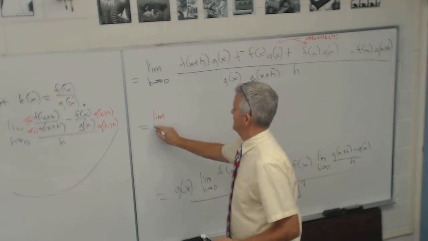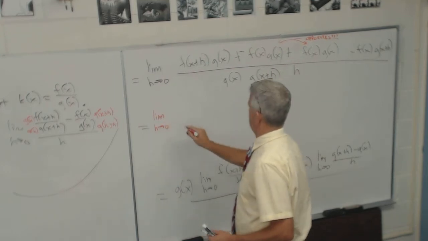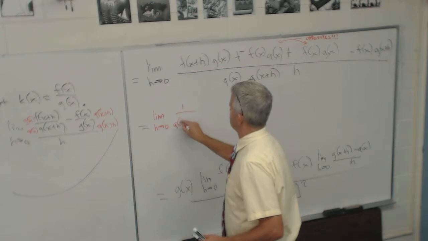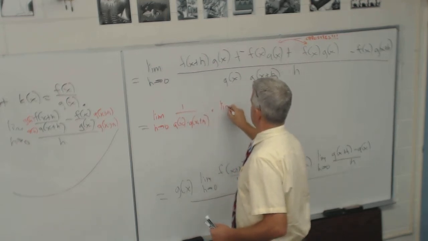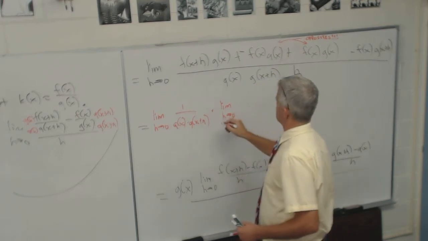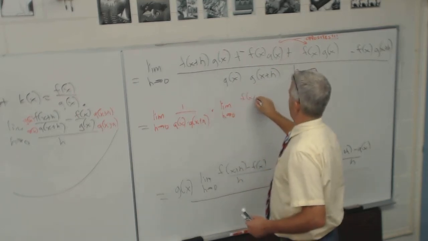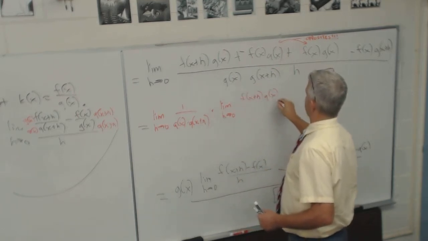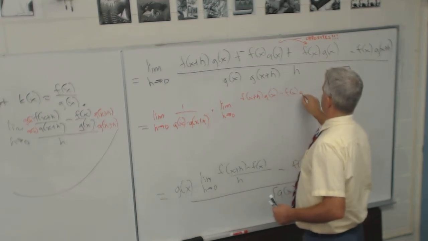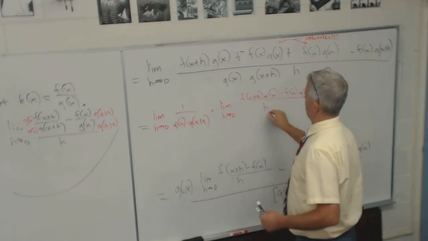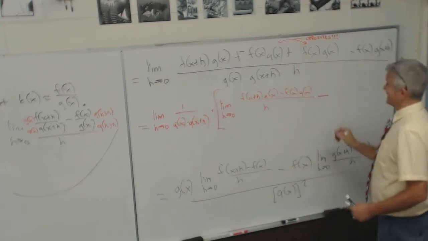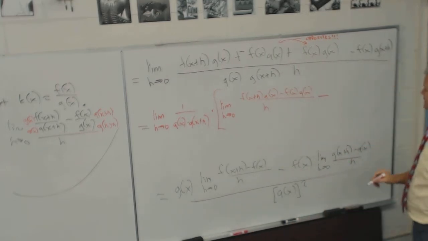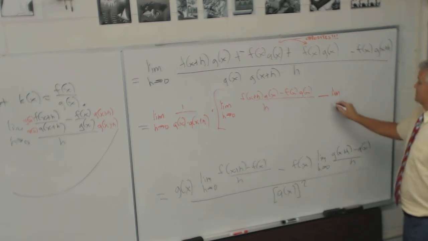This is the limit as h goes to 0 of 1 over g of x plus h, times the limit as h goes to 0 of f of x plus h, g of x, minus f of x, g of x over h. I need to have a minus sign somehow. And I'm going to establish this limit again.